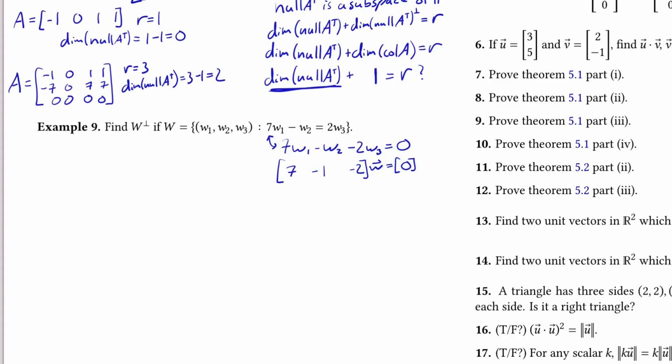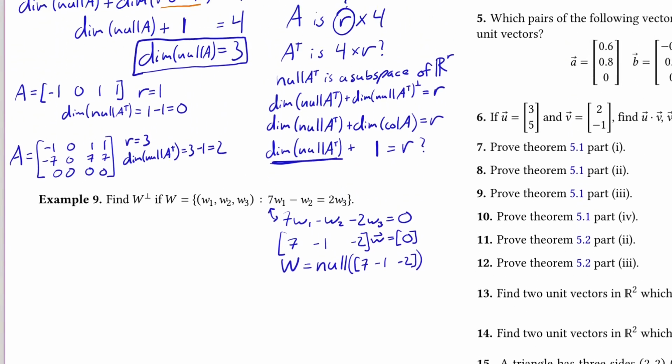So this is the same thing as saying the subspace W is the null space of this matrix 7, negative 1, negative 2. Because that's what a null space is. It's the set of w vectors that you can multiply by that matrix and get the 0 vector out.